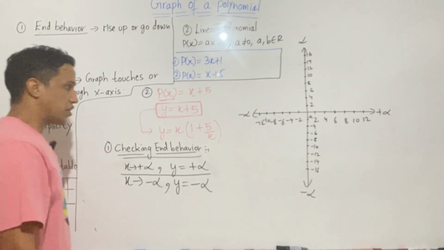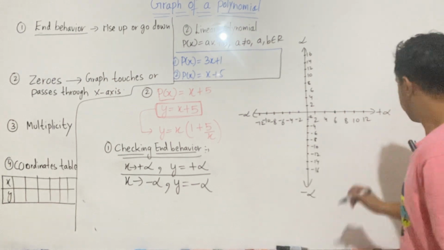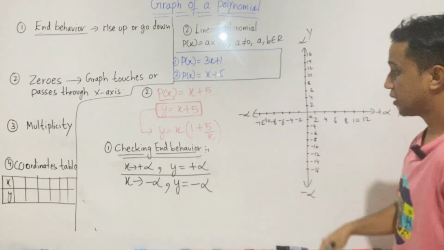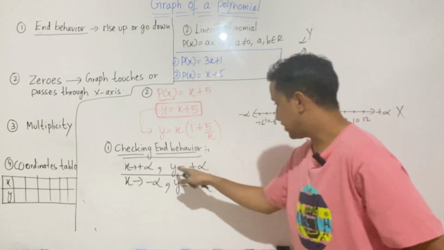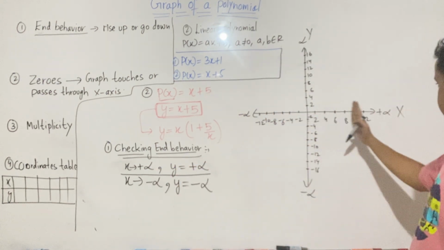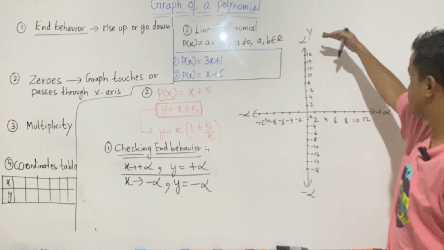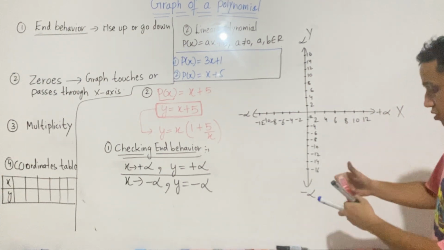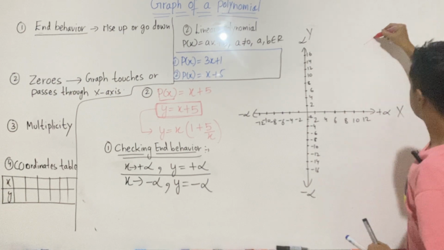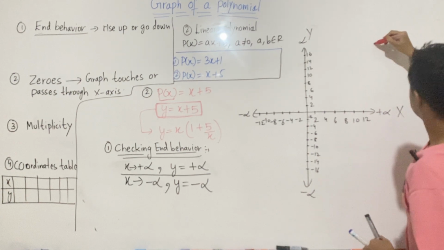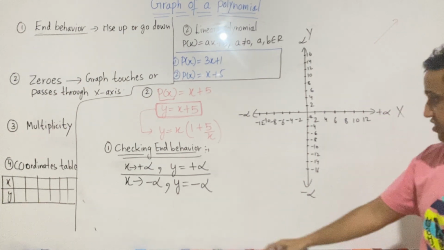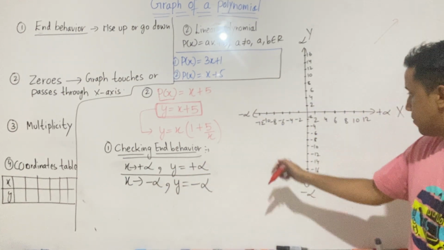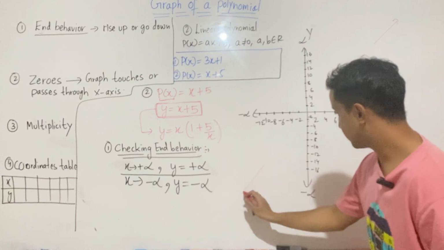Now come here. This is your x-axis, this is your y. If x is infinity, y is infinity, means this side. And if x is minus infinity, y is minus infinity, means this side.